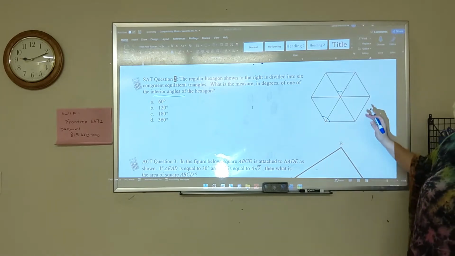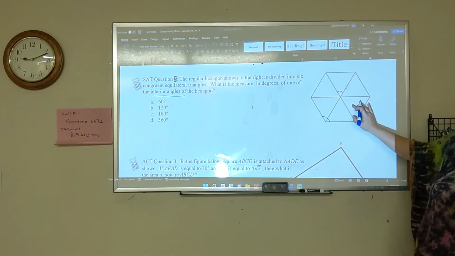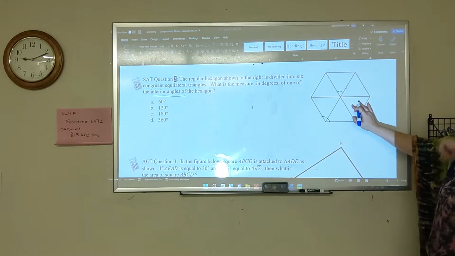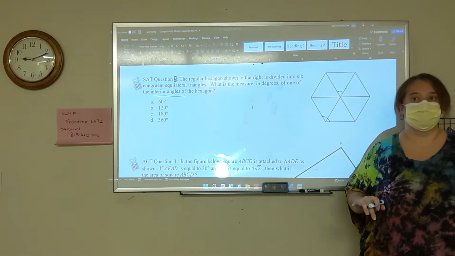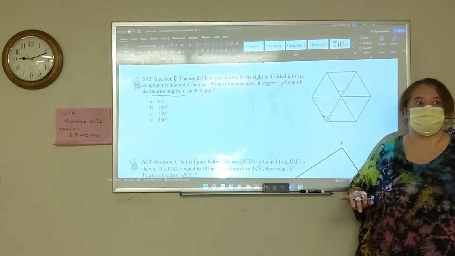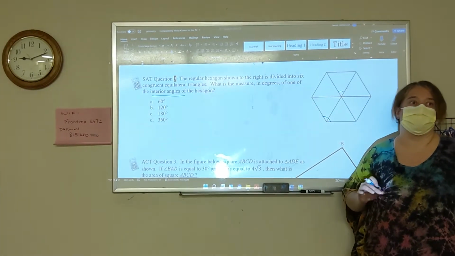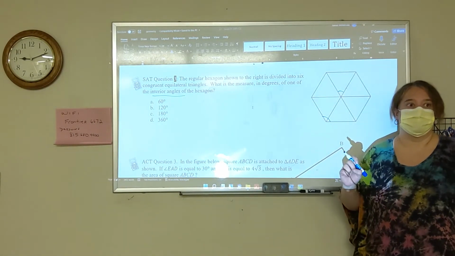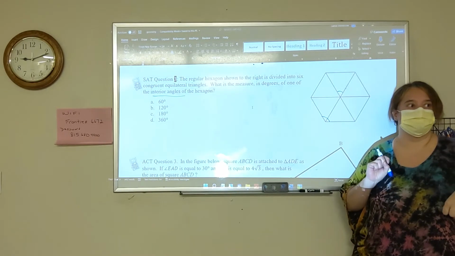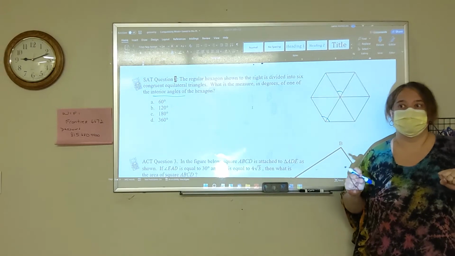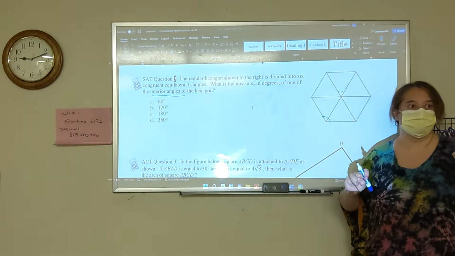Now, what do we know about these triangles? They're equilateral, which means every single angle in these triangles is equal to what? What are the angles in an equilateral triangle equal to? Equilateral, what does that mean? They're all equal.